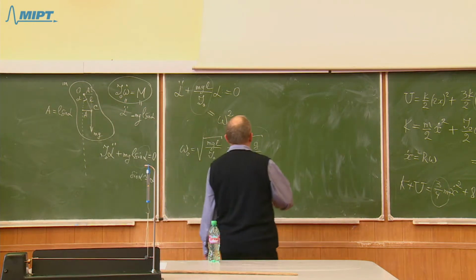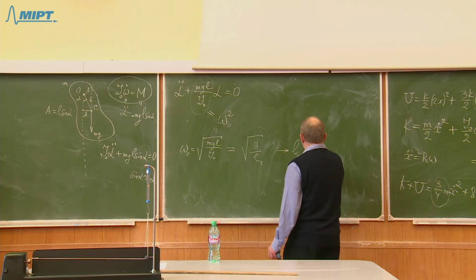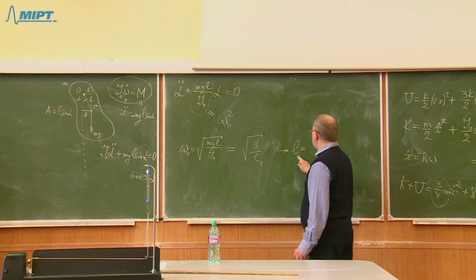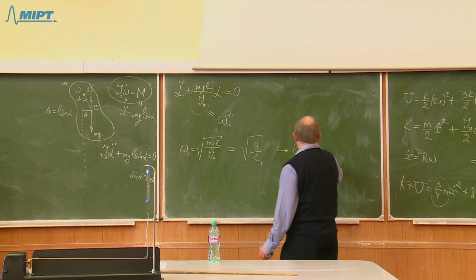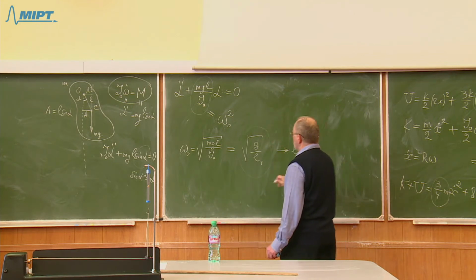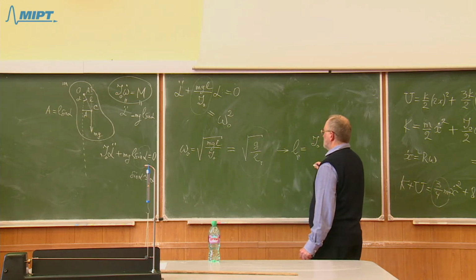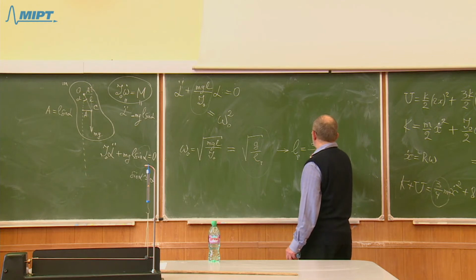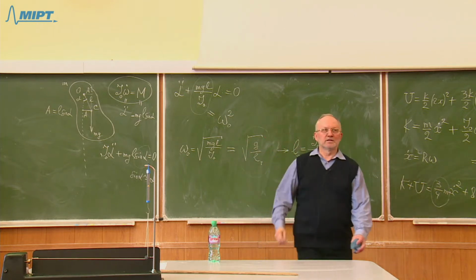From here, I can obtain that the length of an ideal pendulum, L reduced, will be equal to the moment of inertia divided by ml, because g will cancel in this equality.